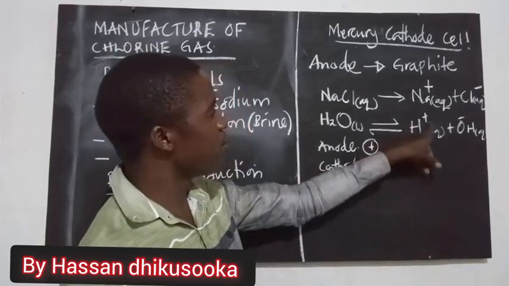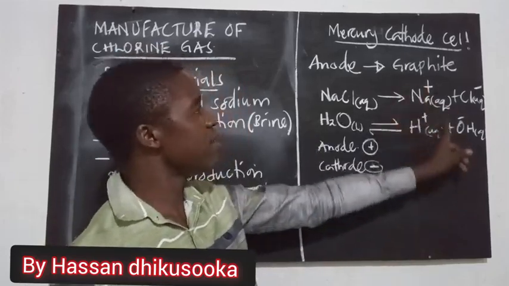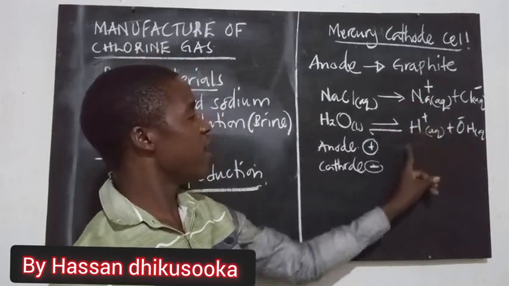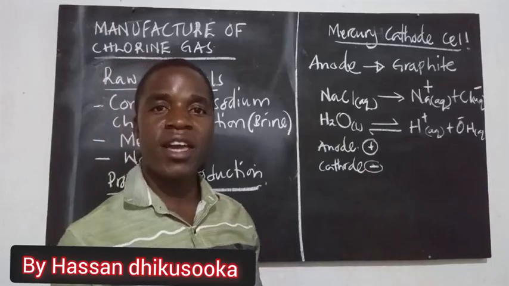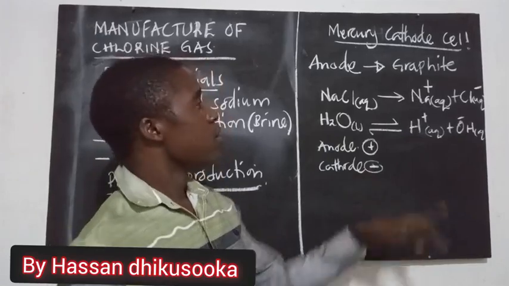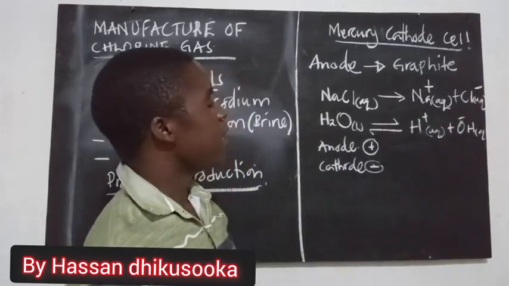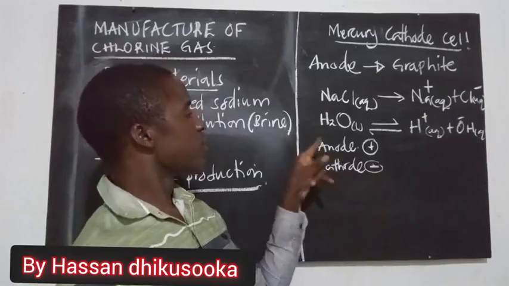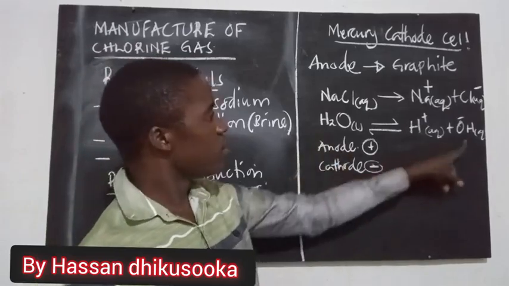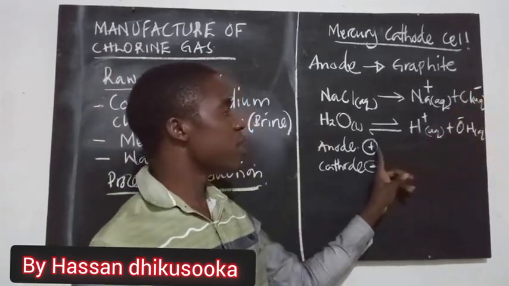But if two positively charged ions, the sodium ions and the hydrogen ions, migrate to the cathode, which ions will be discharged? For us, what we are interested in is chlorine. At the anode, the negatively charged ions will migrate to the anode.